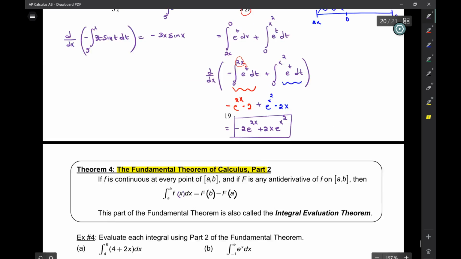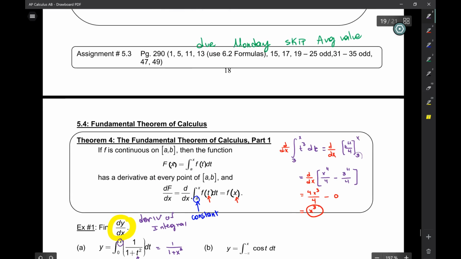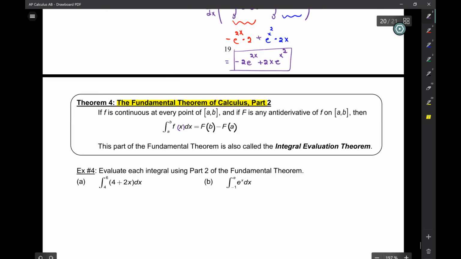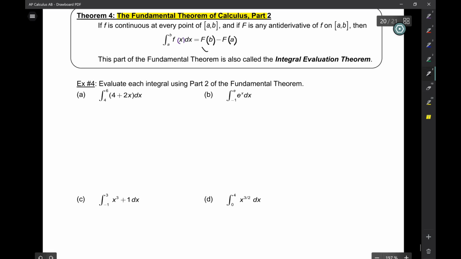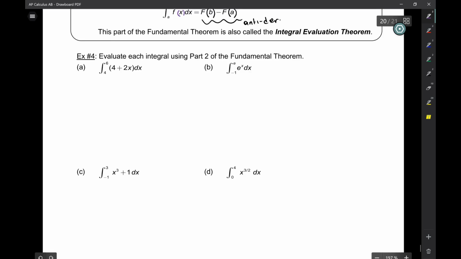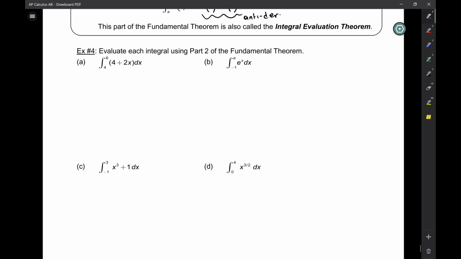So basically, what was f? Do you remember what f was? F is the antiderivative, right? So that's the big deal. All right, let's do a couple of these, similar to what we were doing yesterday. When we integrate this, what do I get from the 4? 4x plus 2x squared over 2, and that goes from 4 to 6.